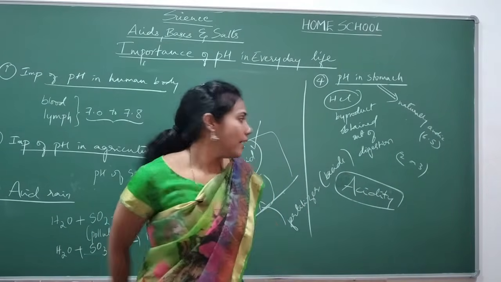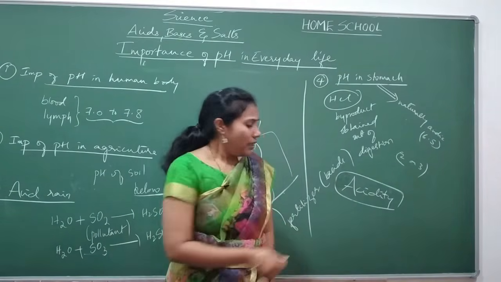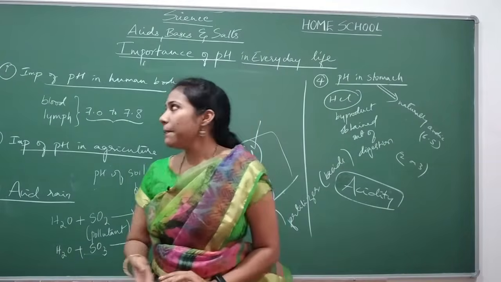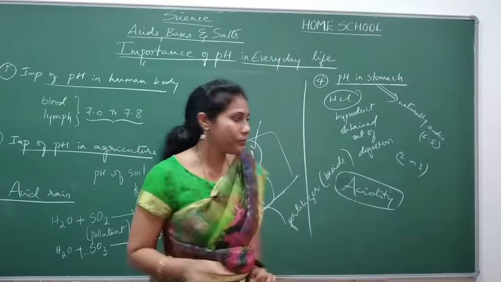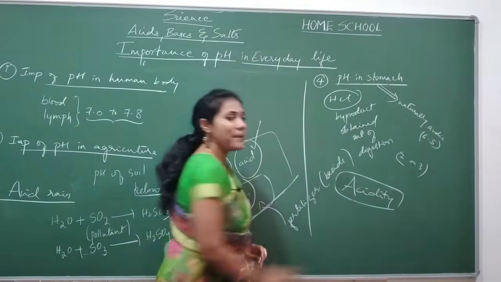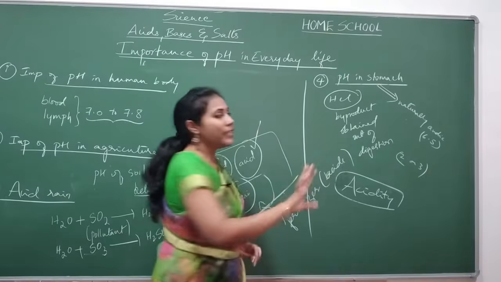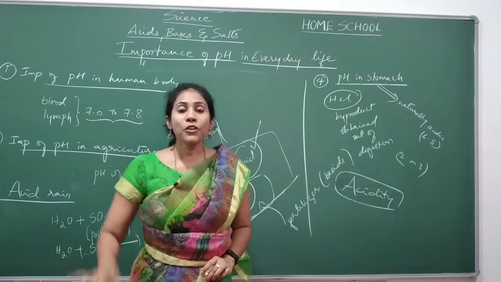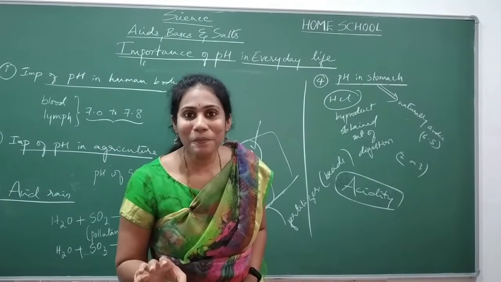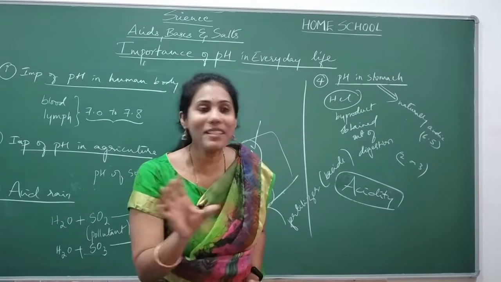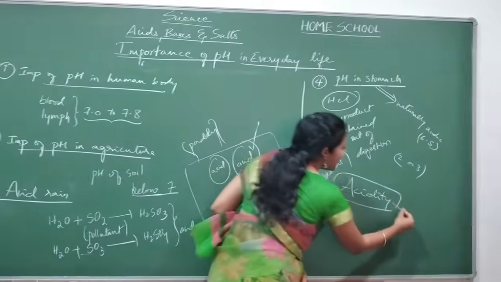Now, when a person is suffering from acidity, can you tell me what medicine they will take? Why do you suffer from acidity? Because more and more HCl is created. So what kind of chemical can be taken as a medicine here?